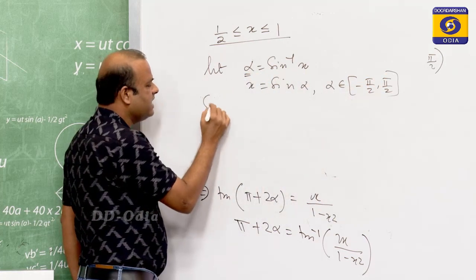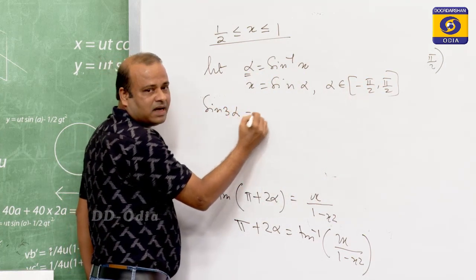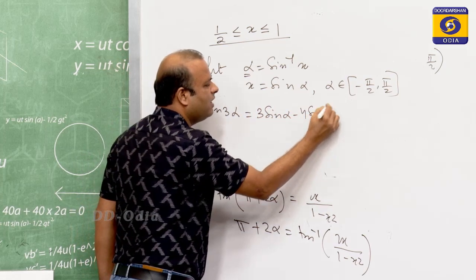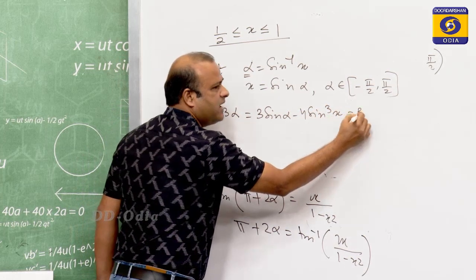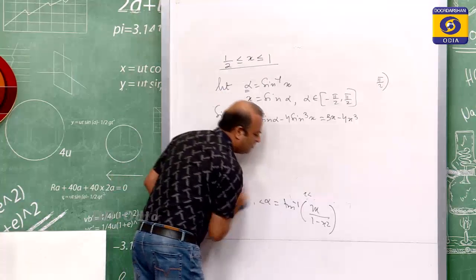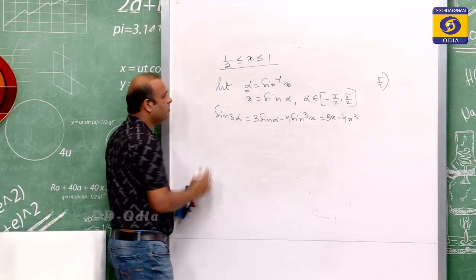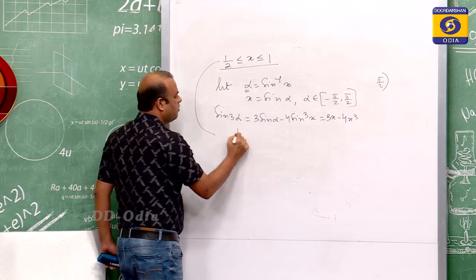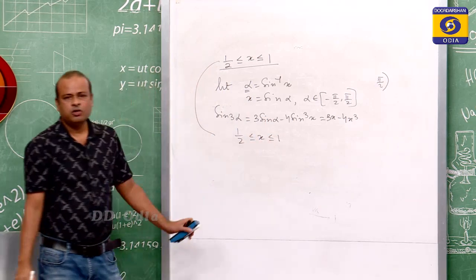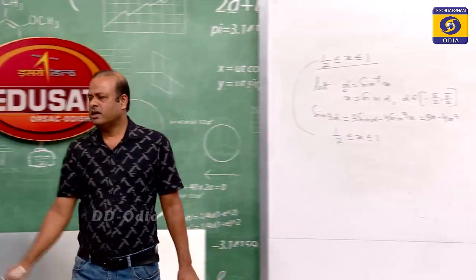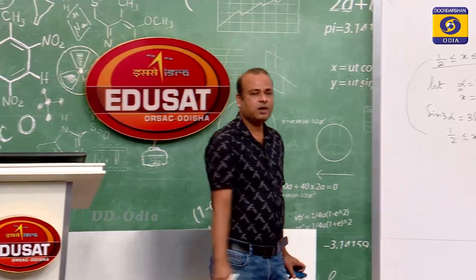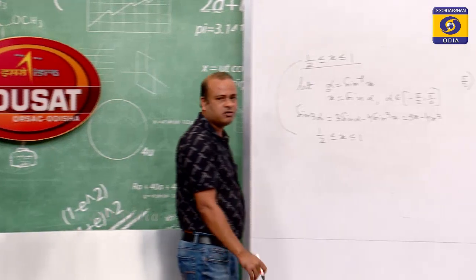Next, sin 3 alpha is 3 sin alpha minus 4 sin cube alpha, that is 3x minus 4x cube. So now take the condition. The condition is 1 by 2 less than or equal to x less than or equal to 1.